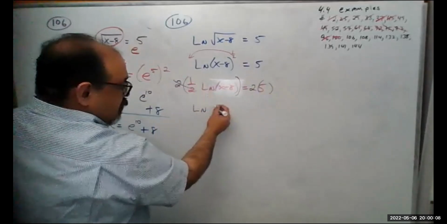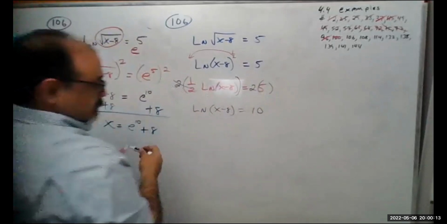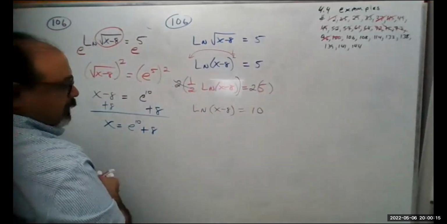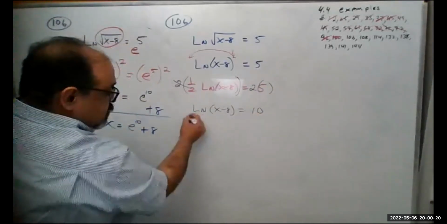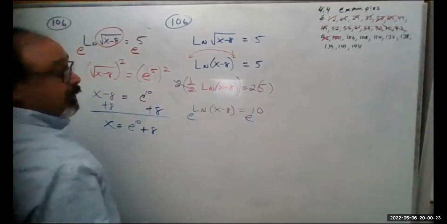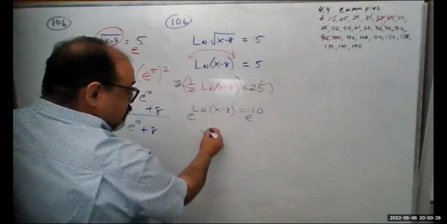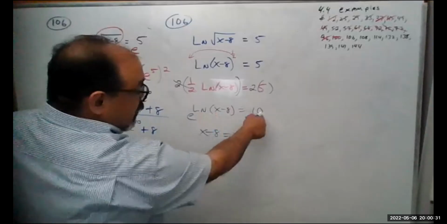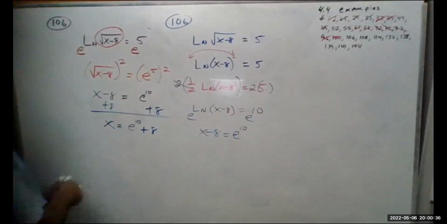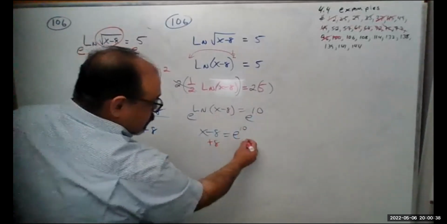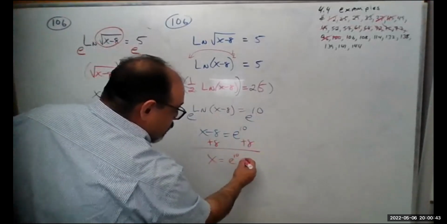So now you have the natural log of x minus 8 equal to 2 times 5, that's 10. Exponentiate both sides as a power for e. So e to the natural log of x minus 8 is just x minus 8. Over here, e to the 10th. The next step, like we did before, would be add 8. And we get the same answer either way, e to the 10th, and then add 8.